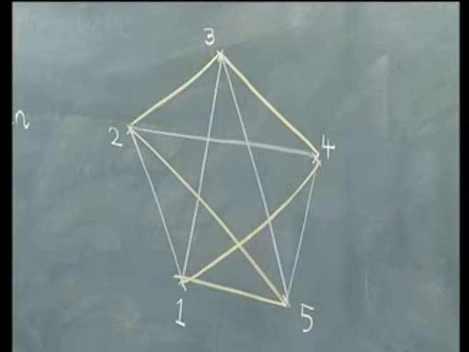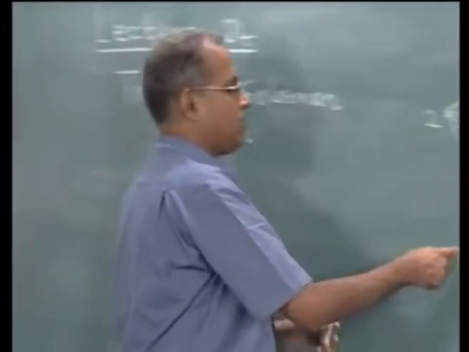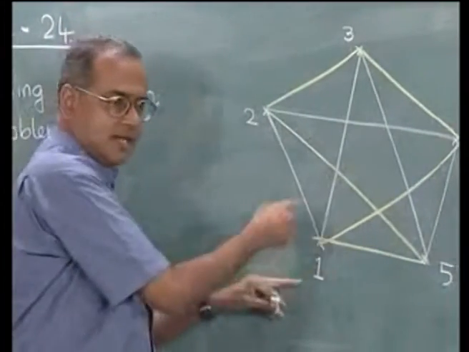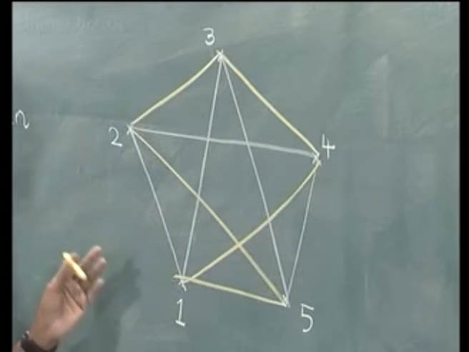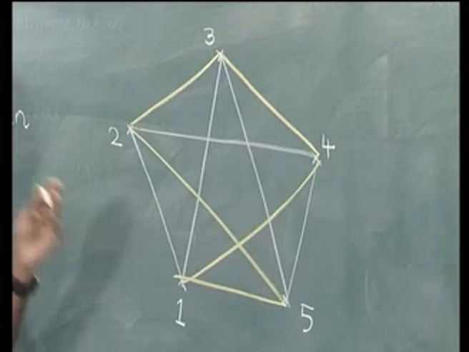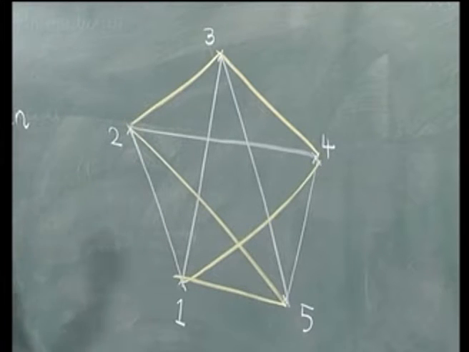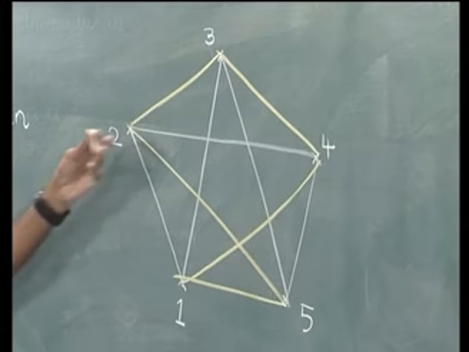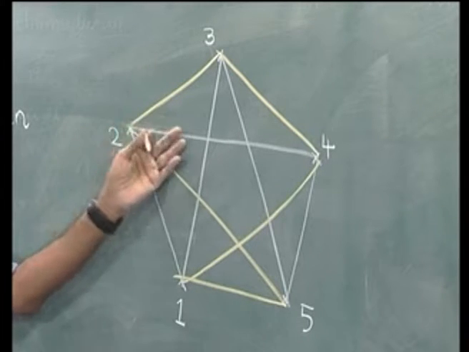So, any permutation or order in which the person starts from a particular node, in this case the given node, goes to every other node or vertex once and only once and comes back to the starting point is called the traveling salesman problem, and particularly to find out that tour or circuit which gives minimum distance travelled or minimum cost travelled.